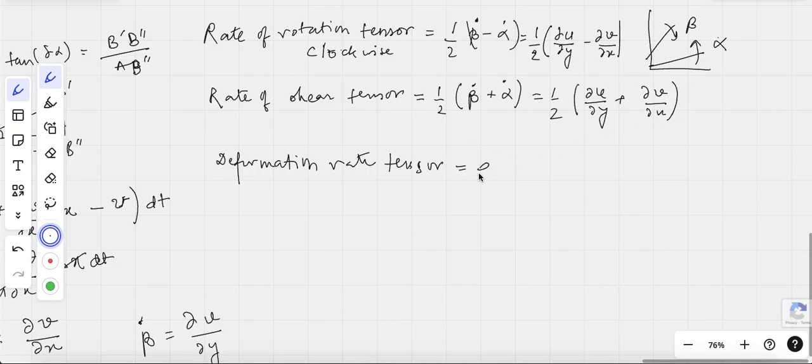Deformation rate tensor EKL is the summation of the symmetric part and the antisymmetric part.